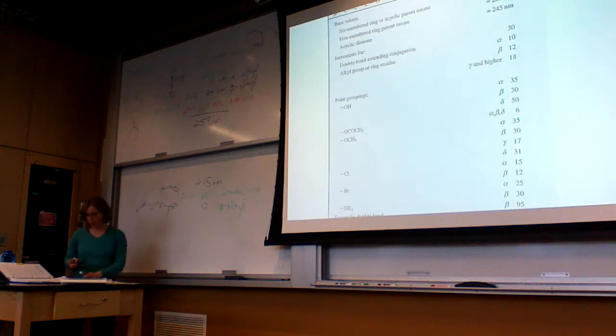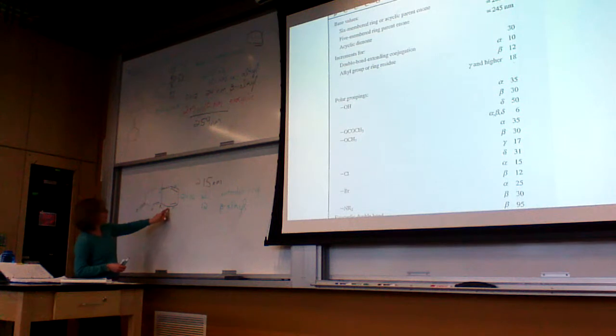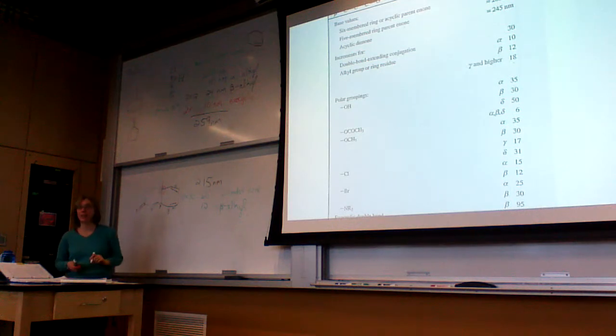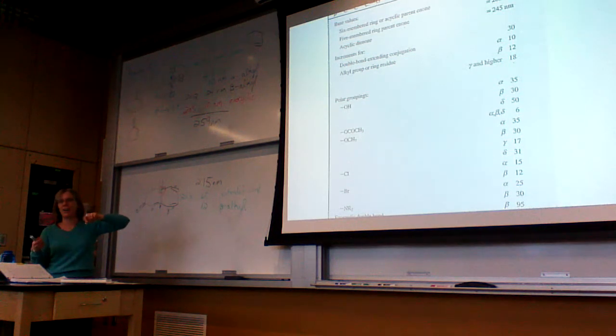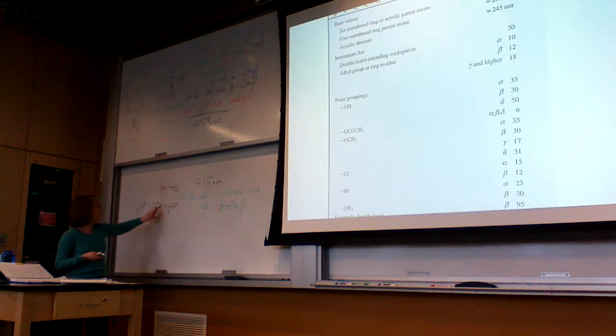Then as we go around the ring, gamma doesn't have anything, the next one over, nothing, but this one has, oh, same thing again, but it's attached in a different place. So it counts both as our beta and the gamma or higher substituent. Wait, go through this again? Because it's attached here and here.